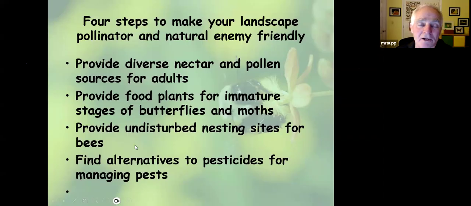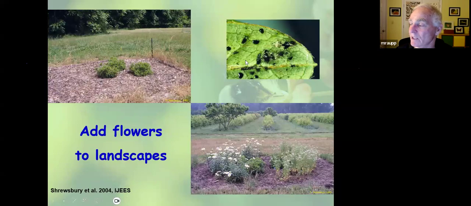And provide undisturbed nest sites. I've talked about that bare area in my yard that became a nursery for those ground nesting bees. And whenever we can, let's try to find alternatives to pesticides for managing our pests. Let's touch on each of these things.